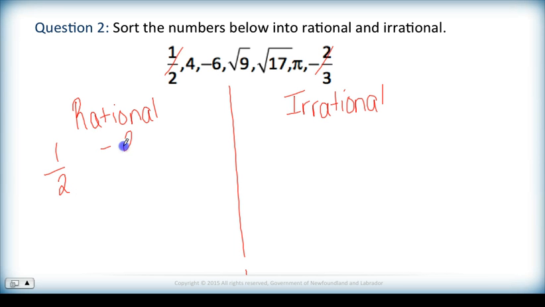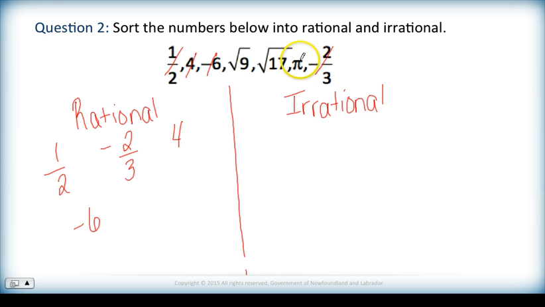It's already written as a fraction, so we don't need any further discussion on those. 4 and -6 are both integers that can be written as a fraction. Both can be divided by 1, so we can have 4 divided by 1, which is a fraction, so that would be fine. And -6 could be written in the same manner. So those are gone. Let's leave these until after.